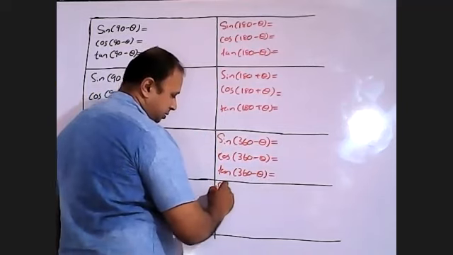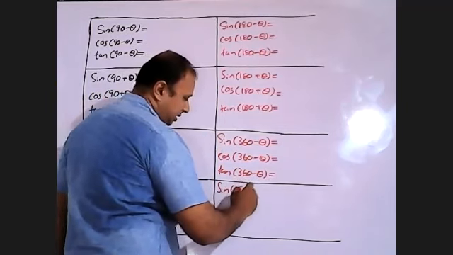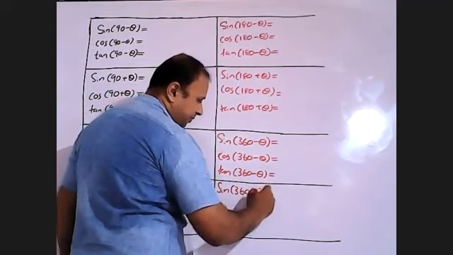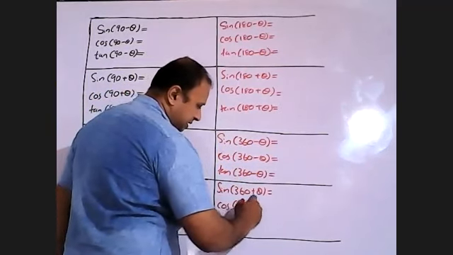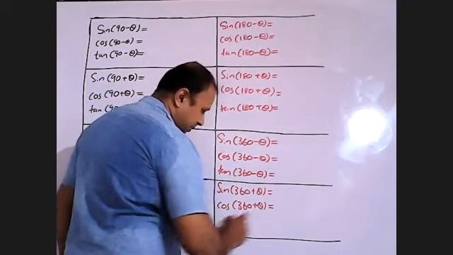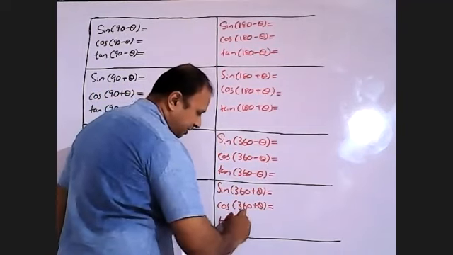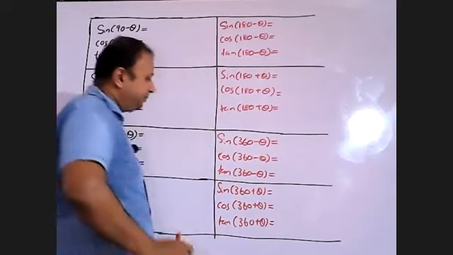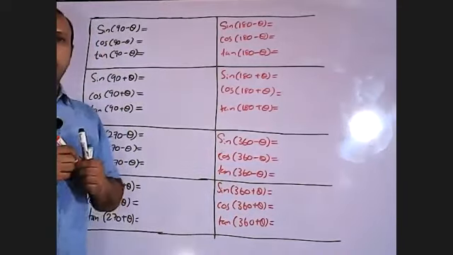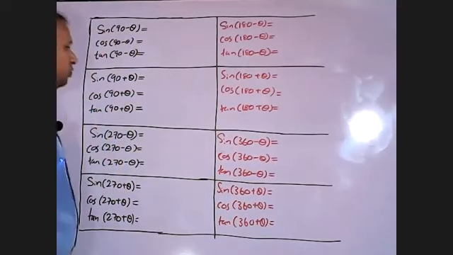Then sine 360 plus theta, cos 360 plus theta, tan 360 plus theta. Okay. Now I can complete this.